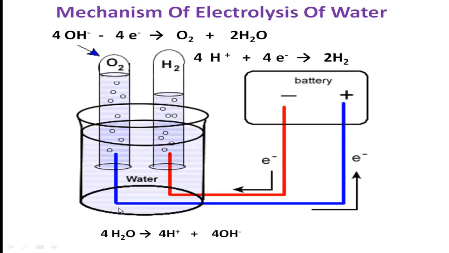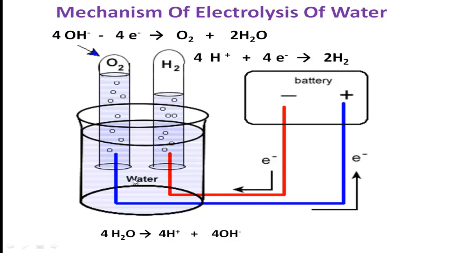Now my dear students, follow the mechanism of electrolysis of water. You know that if we use pure water here, then electrolysis will not be fruitful, because inside pure water hydrogen and hydroxyl ions are only very partially ionized.